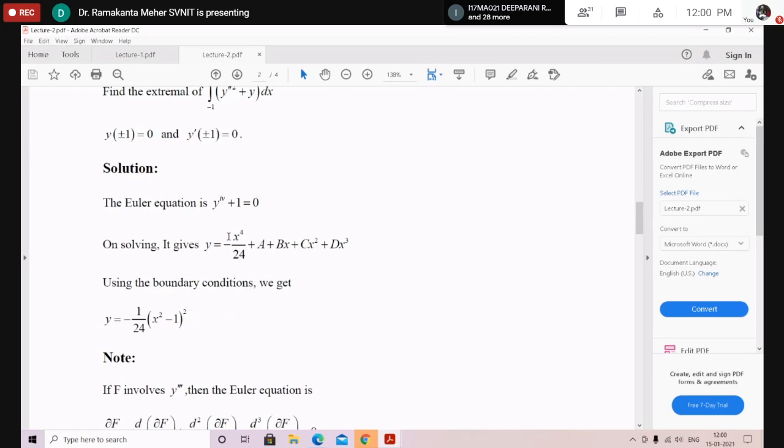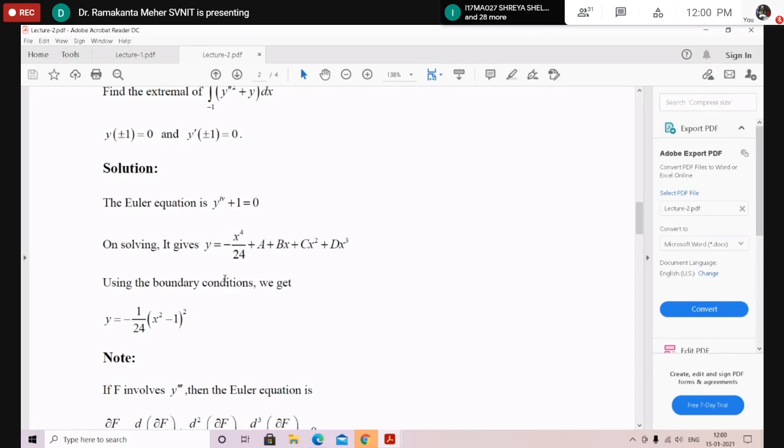Okay. So upon finding the solution of this differential equation, you can get y equal to minus x to the 4 by 24. It comes from the particular solution of this differential equation because there is a presence of a function of x here. Okay. And this a plus bx plus cx square plus dx cube comes from the complementary function, y iv equal to 0.